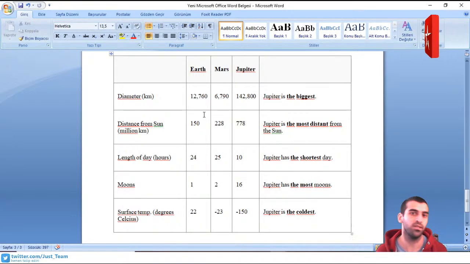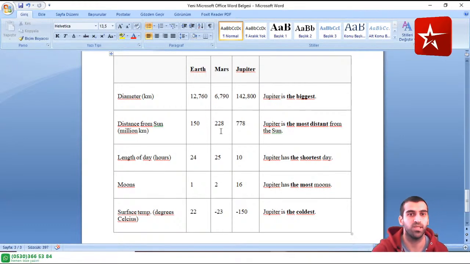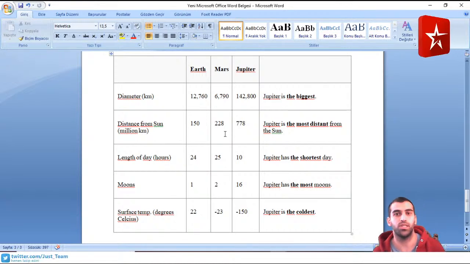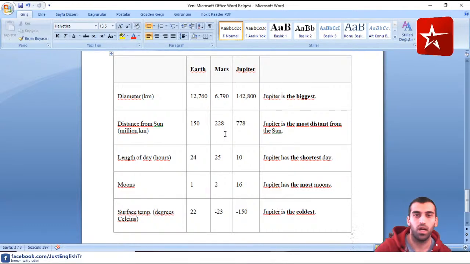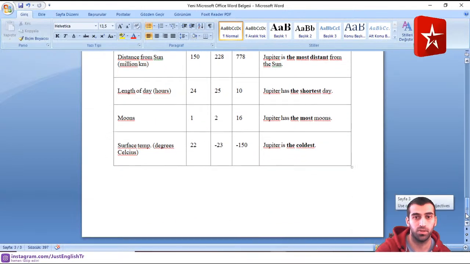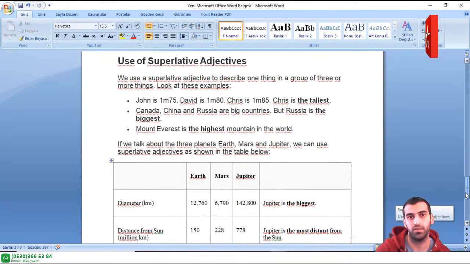So Jupiter is the biggest. Jupiter is the most distant from the sun, as you see from these figures. Jupiter has the shortest day. Jupiter has the most moons. Jupiter is the coldest.